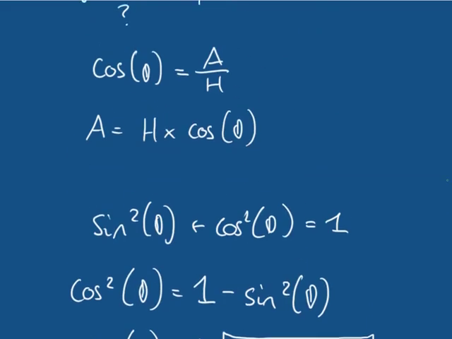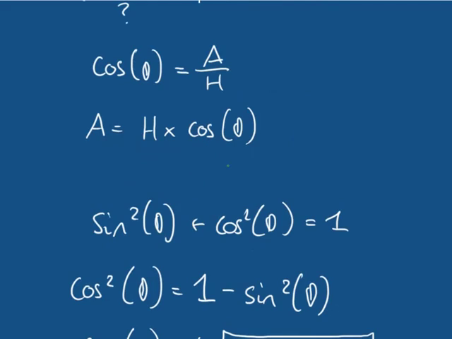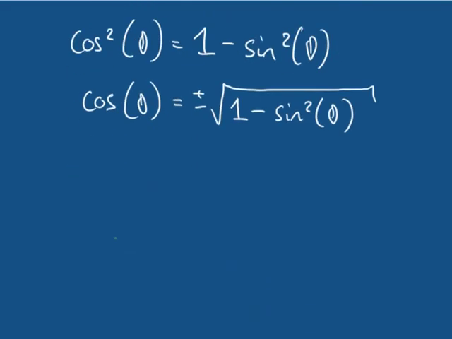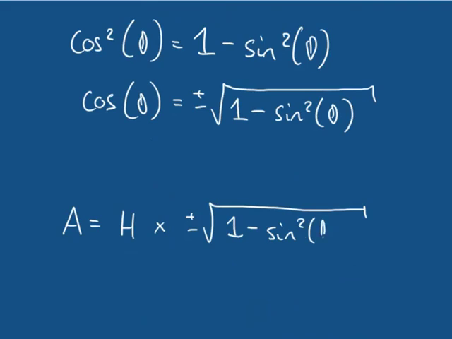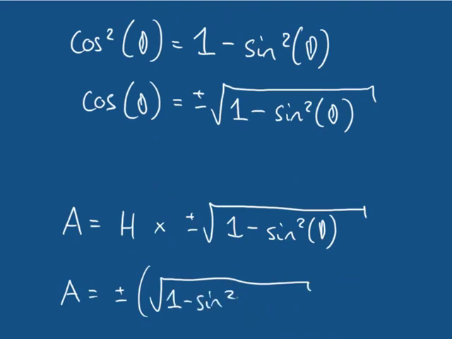Because we have this value, we can plug it back into our equation, and that tells us that the adjacent is equal to the hypotenuse times either the plus or minus root of 1 minus sine squared theta, which can be more cleanly written as the adjacent is equal to plus or minus the square root of 1 minus sine squared theta times our hypotenuse, because if we had a minus here, we'd simply take the hypotenuse times the minus.